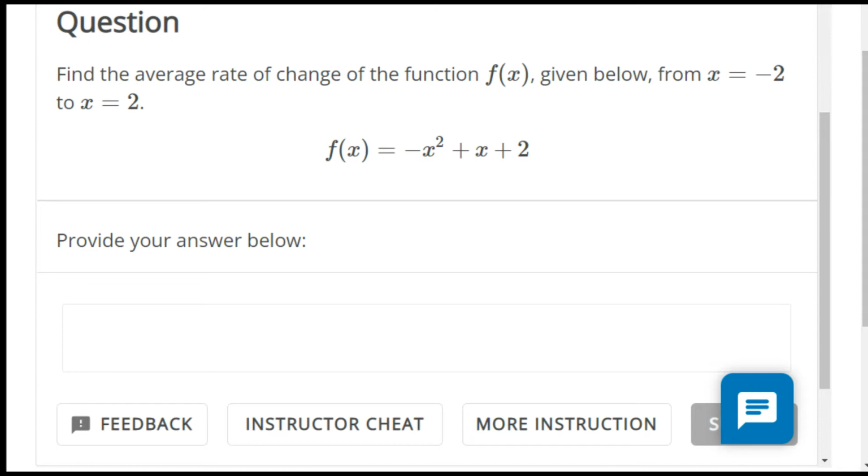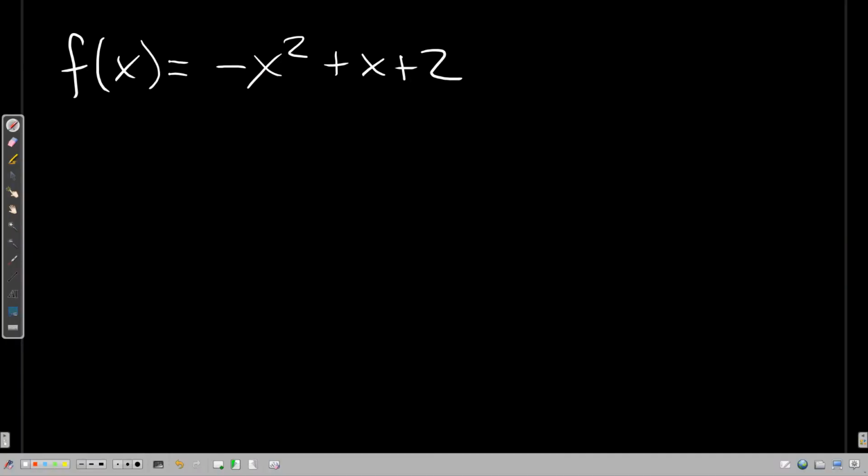You don't really work the problem any different, except there's no need to factor anything, because instead you will just be able to add. The interval in question is from minus 2 to 2.